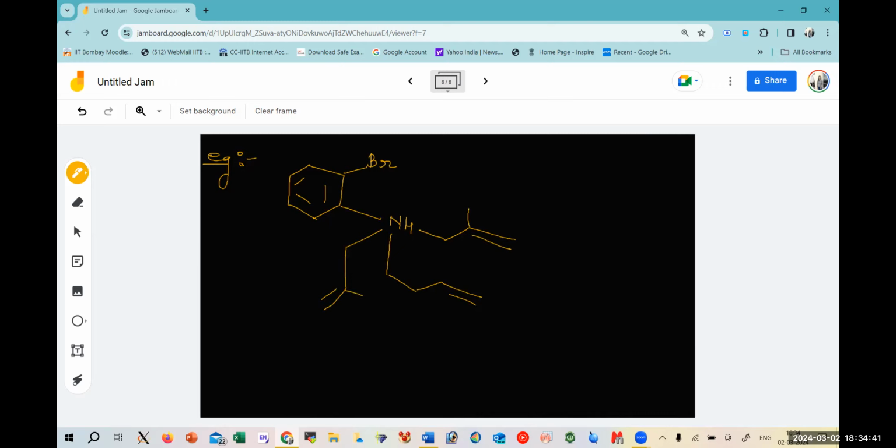Okay, so now we are going to form only either these two or these two, because this and this are very far apart to make a particular moiety.